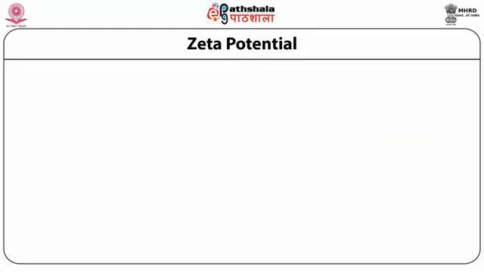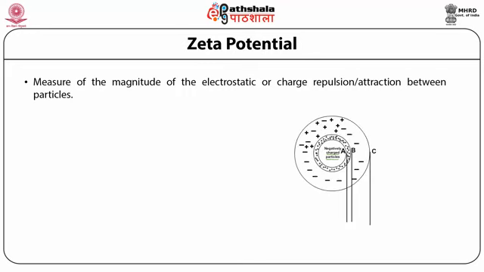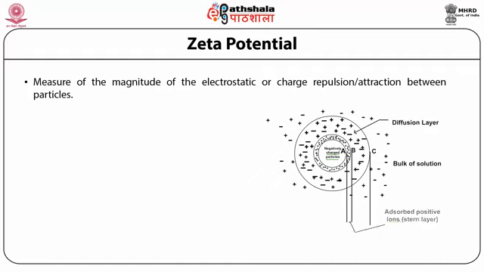Zeta potential. Zeta potential is defined as a measure of the magnitude of the electrostatic or charge repulsion or attraction between particles. The majority of colloidal particles, including liposomes, carry an electric charge on their surfaces in suspension form.